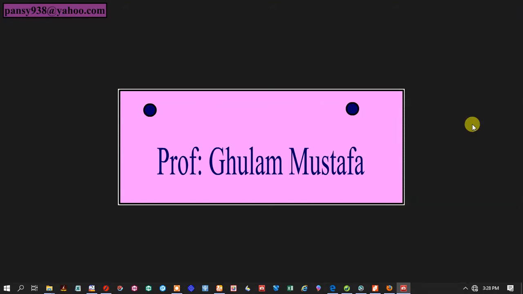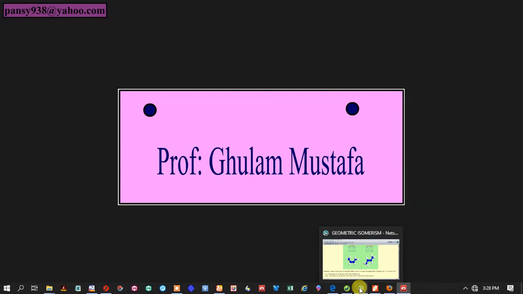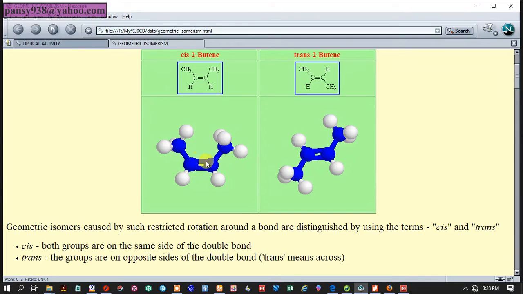Same is the case with a double bond. The double bond restricts the falling or movement of the molecule, but the single bond, which is the sigma bond, can rotate freely. Single bond rotation forms conformational isomerism, while a double bond gives the permanent structure. And in this case, this is called geometric isomerism.